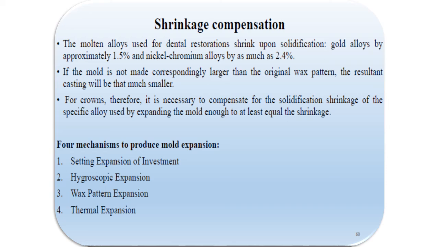Otherwise, if the investment material expansion doesn't happen and the casting shrinkage happens in the usual way, the final casting or restoration will be smaller in size based on the metal we use. It will be either 1.5% smaller or 2.5% smaller, and these smaller castings or restorations will not fit into the prepared cavity or over the prepared teeth.